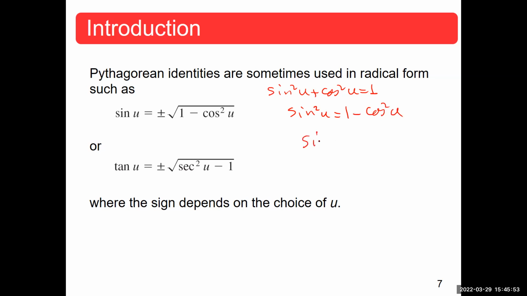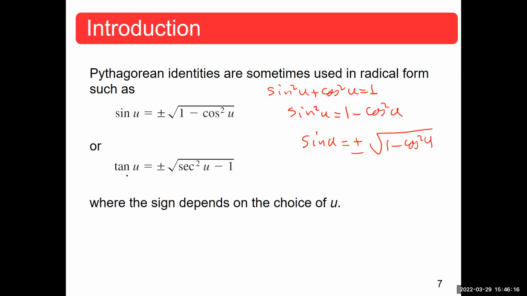Then sine itself, no square, equal positive negative square root of 1 minus cosine square of u. And that's what they have. So basically, it's not a new thing, we already know.